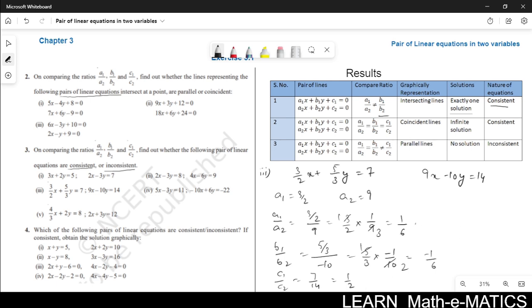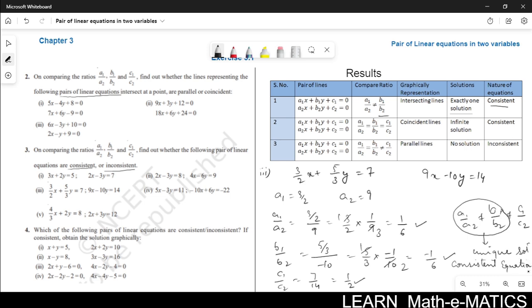We can check here. 1/6 is not equal to minus 1/6, which is not equal to 1/2. That means a1 upon a2 is not equal to b1 upon b2, which is not equal to c1 upon c2. Whenever the first two ratios are not equal, we get a unique solution, only one solution, right? And unique solutions mean consistent equations. So these have consistent equations.